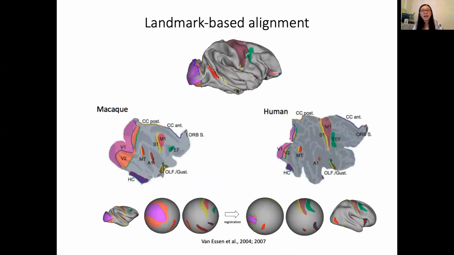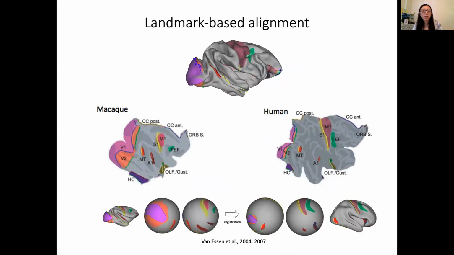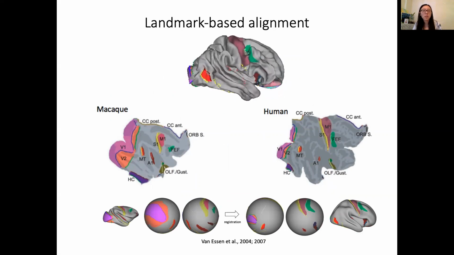The benchmark alignment in the last decades was proposed by David Van Essen. This approach made use of commonly recognized anatomical landmarks to register the cortical surface from one species to another.